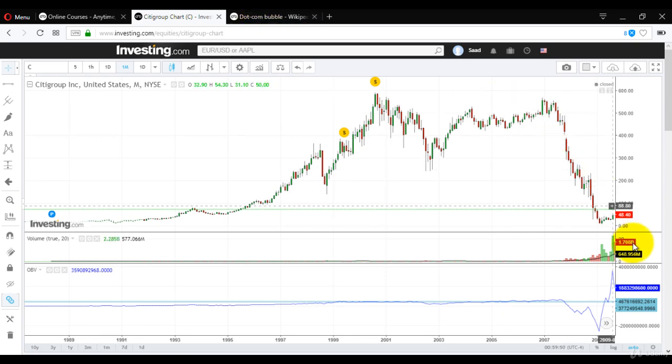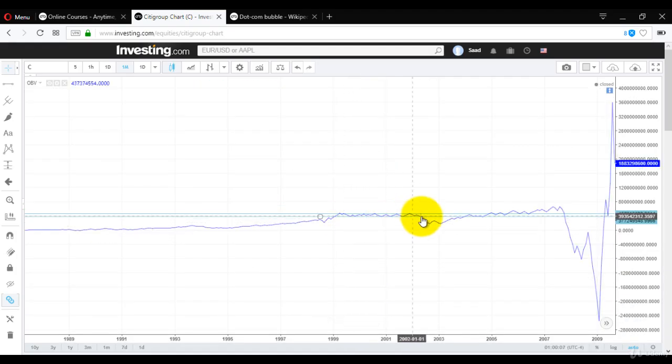And it dropped. It dropped hell loose. It didn't drop so much in the .com bubble. But my point is not about how much it drops. My point is saving yourself. OBV was telling you before time. And this is the power of OBV.